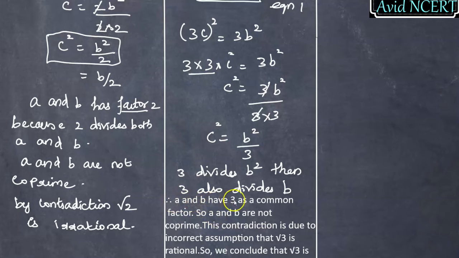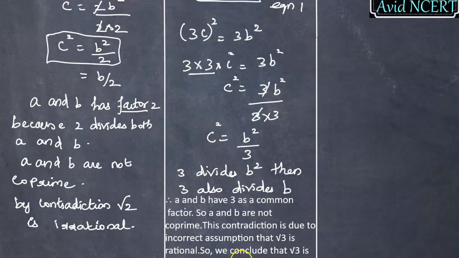Therefore, a and b have 3 as common factor because 3 divides both a and b. So a and b are not co-prime, because if co-prime, a and b would have had common factor 1. But now they have a common factor 3. So they are not co-prime. This contradiction is due to the incorrect assumption that root 3 is rational. So we conclude that root 3 is irrational.